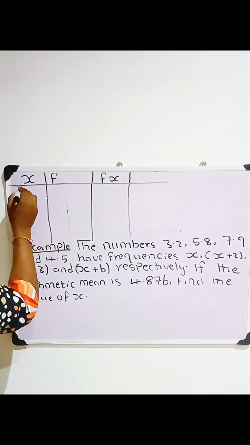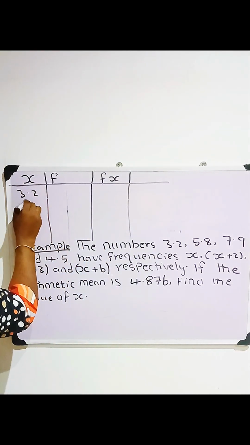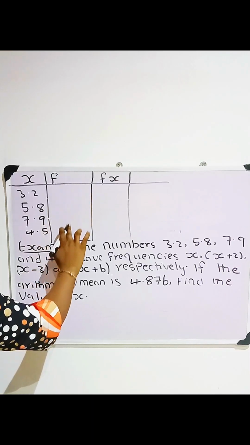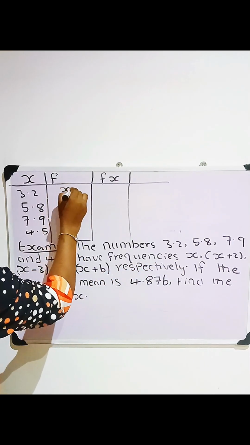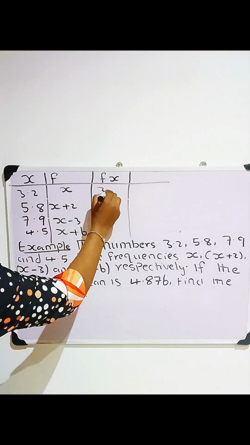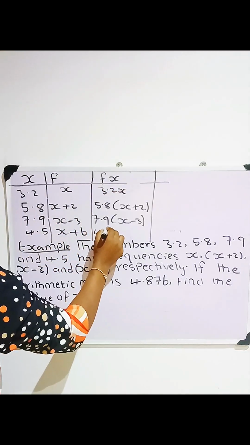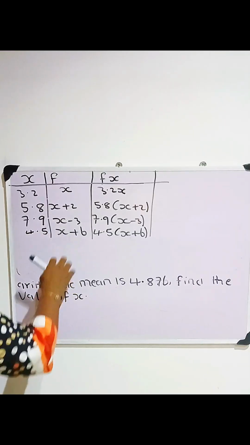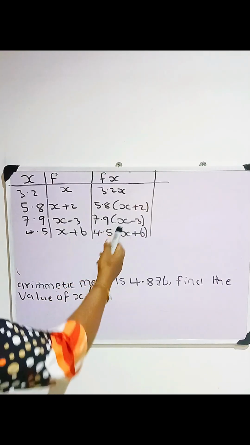So clearly our x values are 3.2, 5.8, 7.9, and 4.5. Our f values, the frequencies, are x, x plus 2, x minus 3, and x plus 6. So this times this becomes 3.2x, and this is 4.5 into x plus 6. At this point, we go back to our formula.